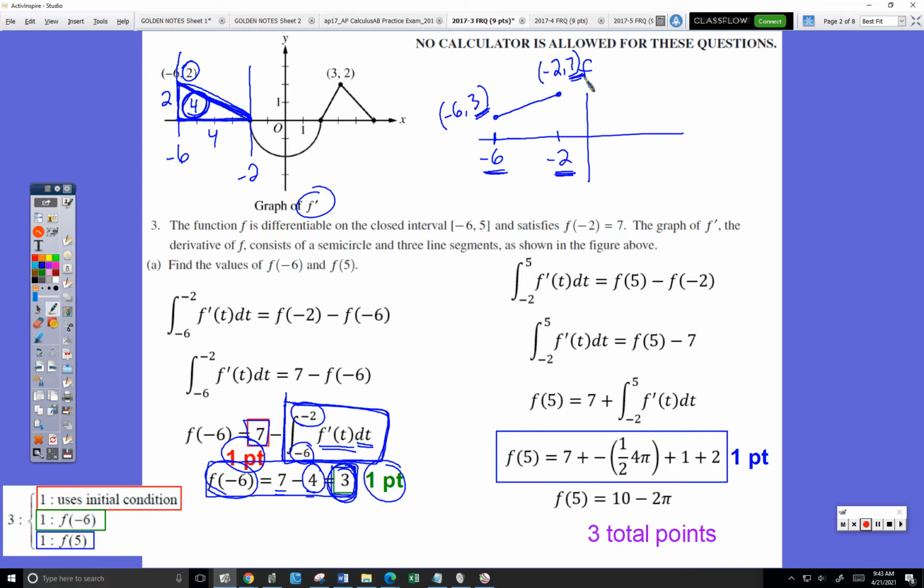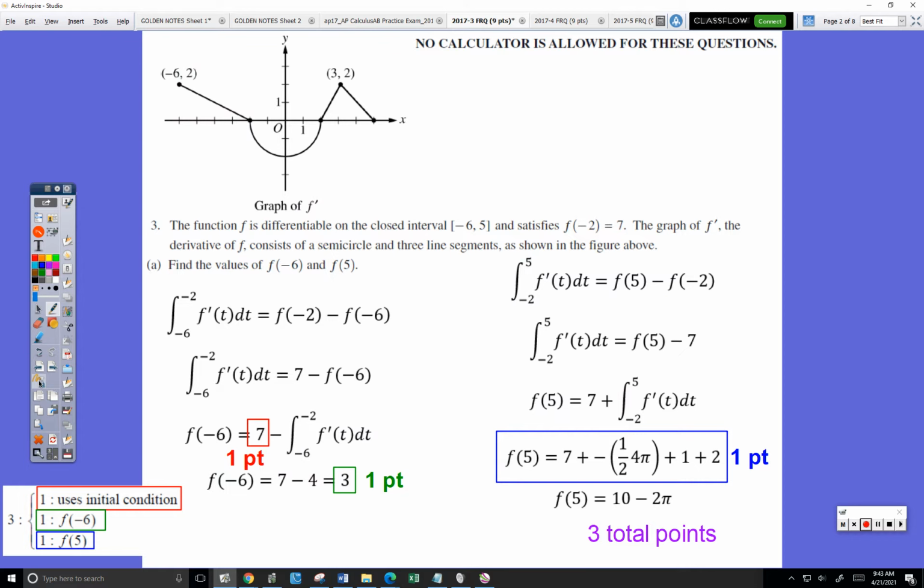We're supposed to find f of 5 as well. I would do the exact same thing. Create an integral. Plug in our value for f of negative 2. Make sure we're going from left to right. Now when we rearrange, f of 5 becomes 7 plus the value of this integral.